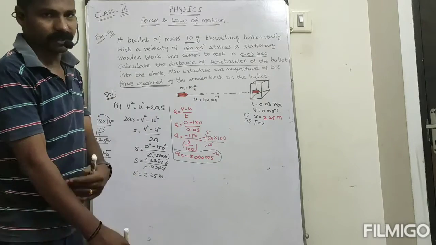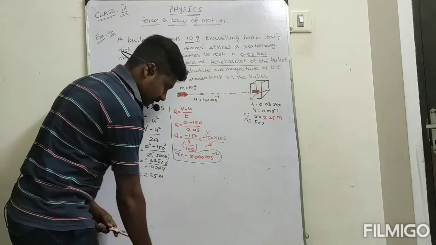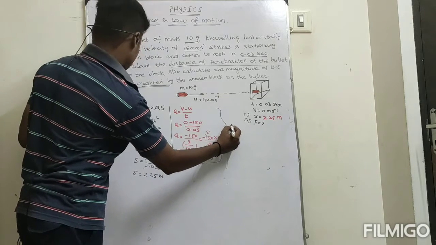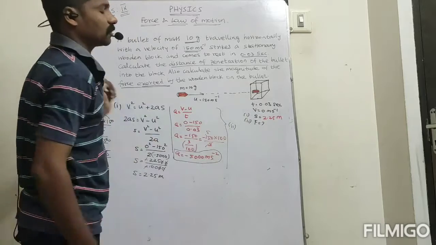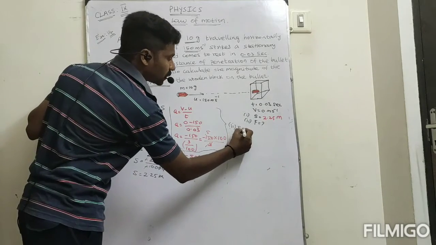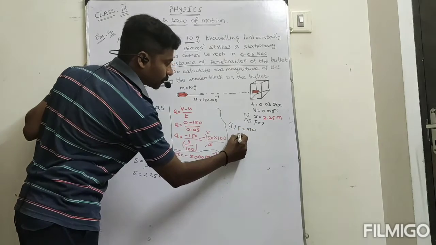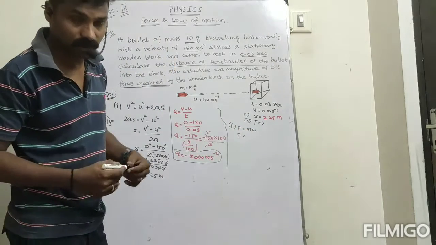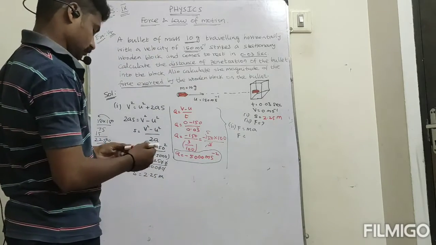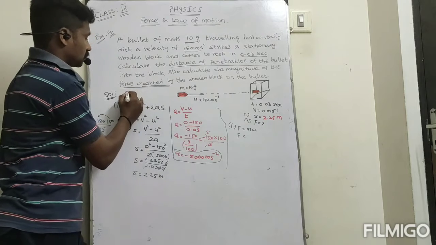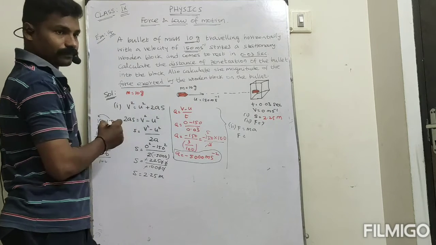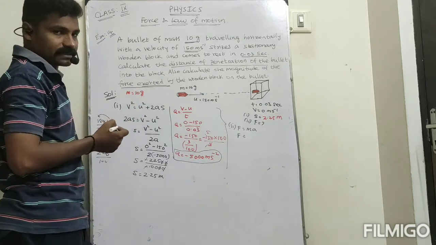So I hope you understood the first point. And then let's go for the second one. Now they are asking the force exerted by the block. The force formula you know, F is equal to ma. So F is equal to mass, that is the mass of the bullet. So the mass of the bullet, m is equal to 10 gram. But we should convert it into SI unit, that is kilogram.